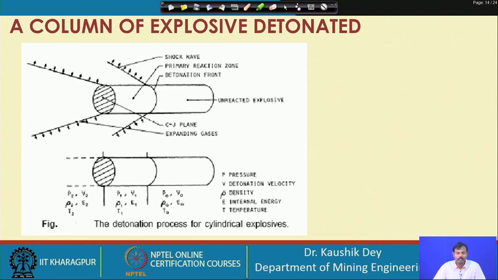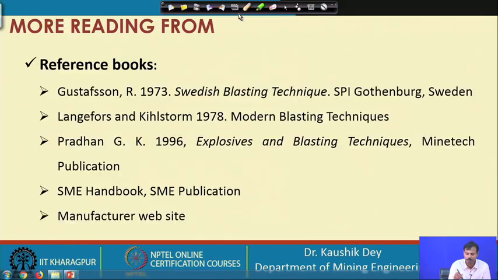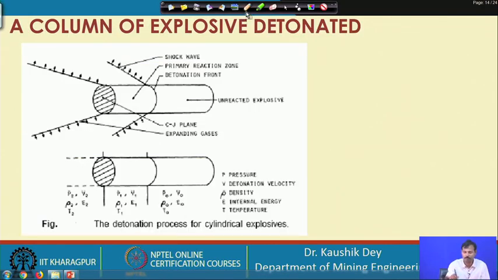Now, let us understand what happens when a column of explosive is being detonated. So, in this case, you say this is a column of explosive, and consider at any instant of point t the detonating front is at this position.